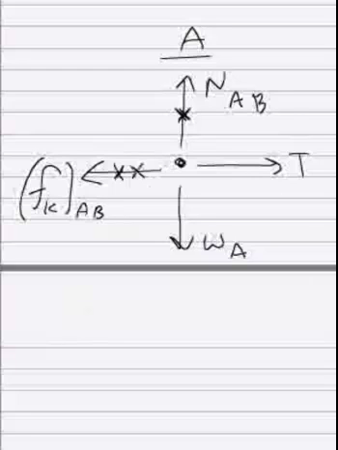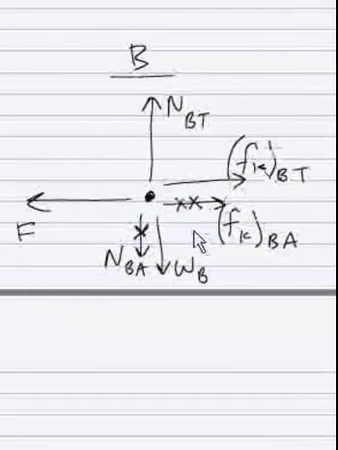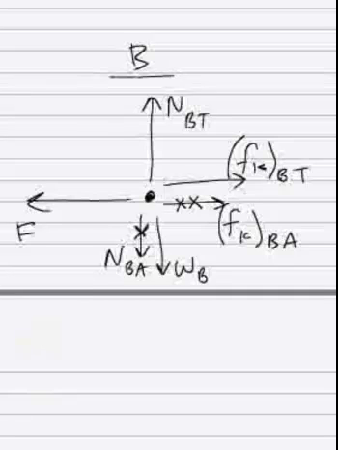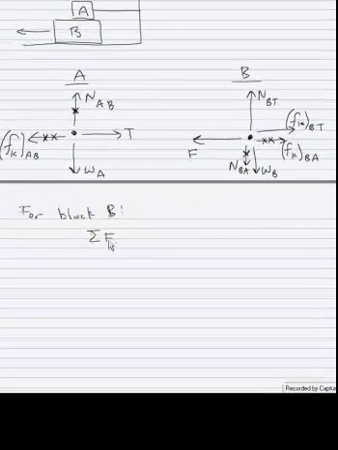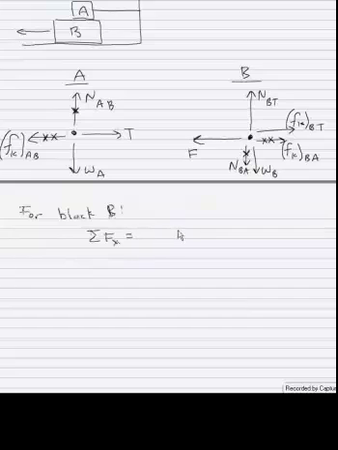Okay. So what we want to do is write our equations. We say for block B, sum of the forces in the x direction are going to be 0, and the sum of the forces in the y direction are also going to be 0.